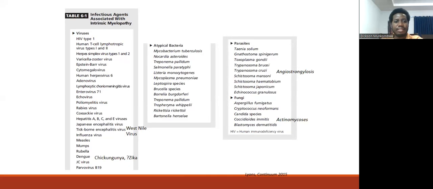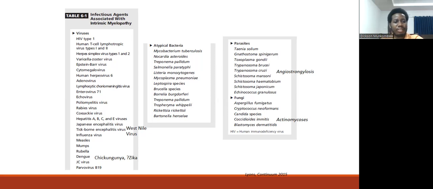So again, this is a table which lists the myriad of infectious agents that could affect the spinal cord. I'll just highlight a few. In the viral category, HIV is important. HTLV1 particularly is important. HSV is something to mention.